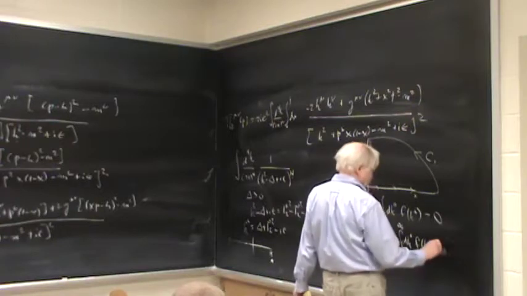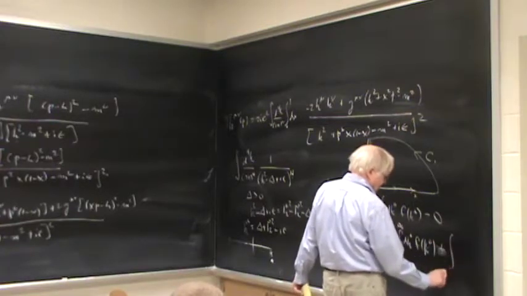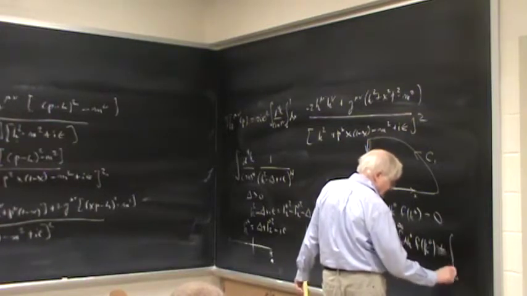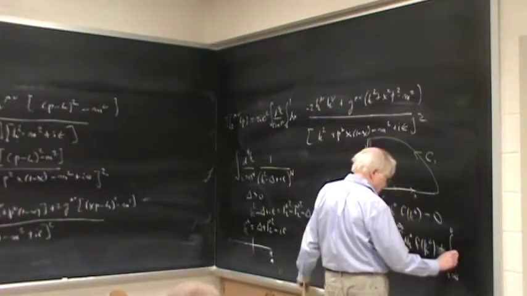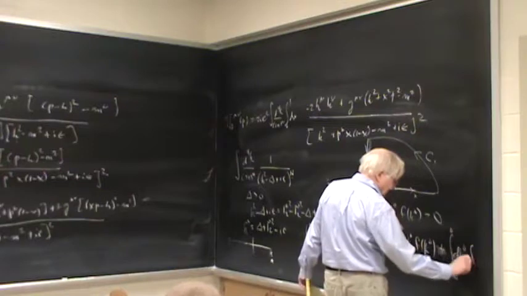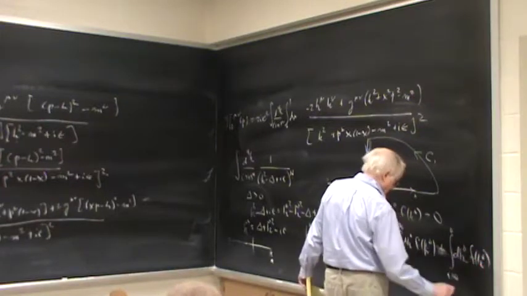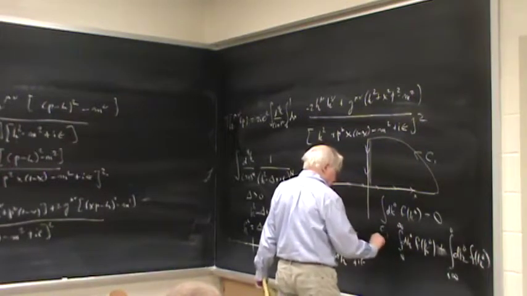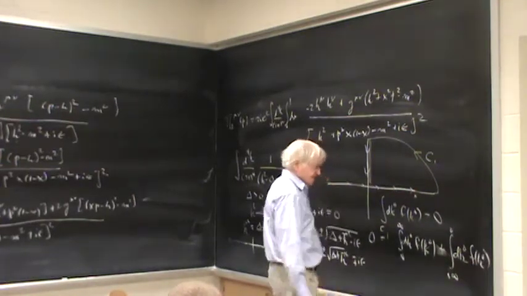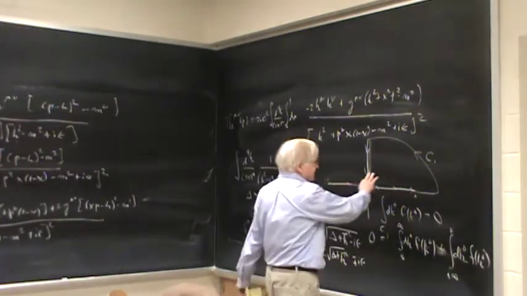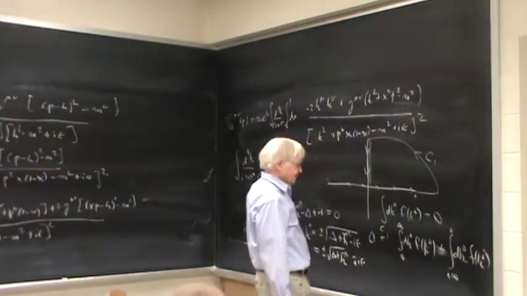So let me do it carefully. Plus the integral from i infinity to 0, dk0 f of k0. This whole thing is 0, and we don't need to do this part because, as the radius goes to infinity, that's 0.